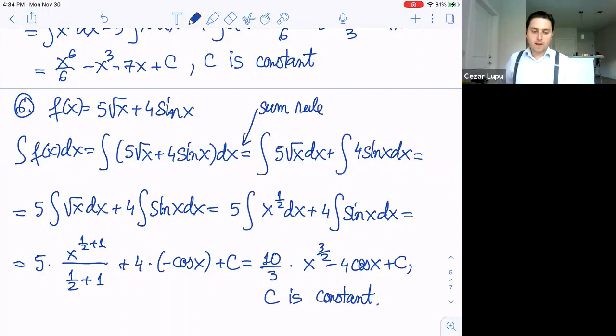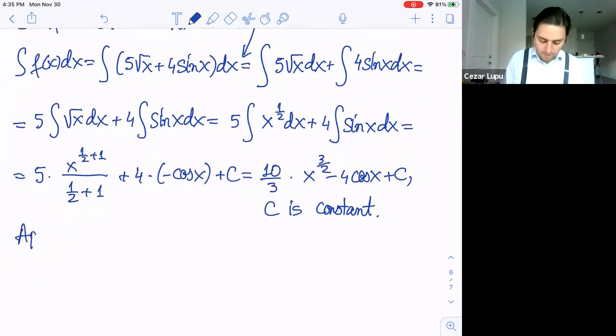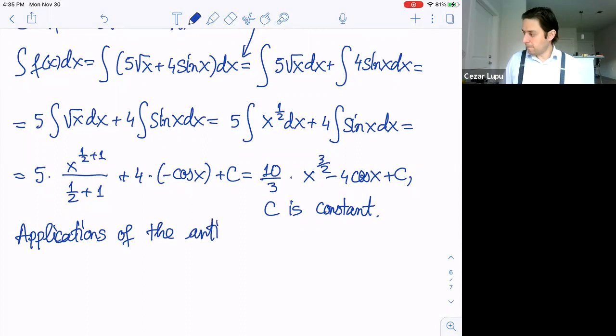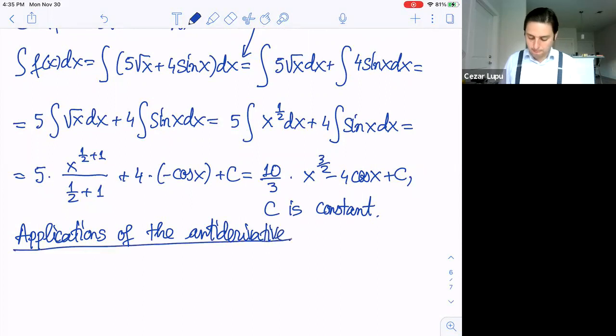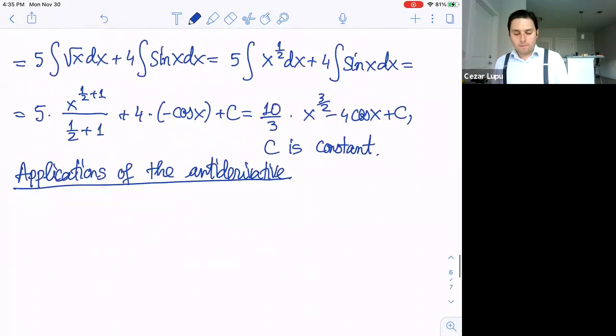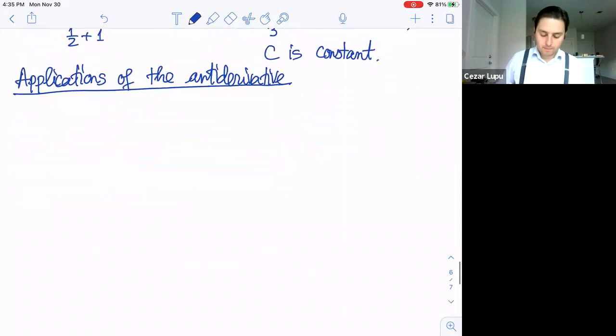All right. Now let's see some other applications of the antiderivative. Let's see the first example that I have in mind.